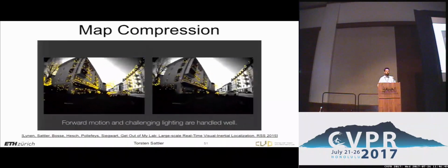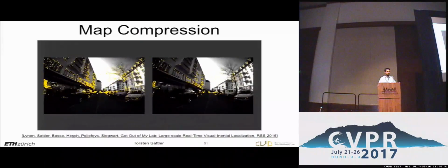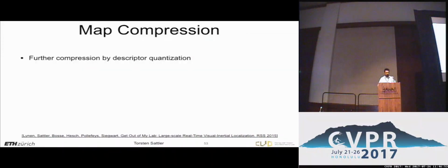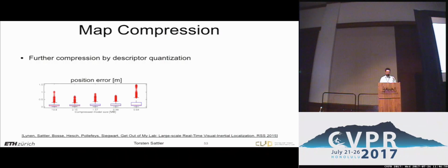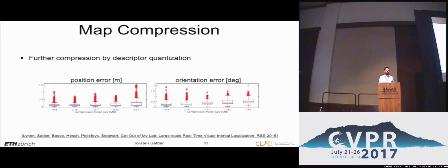So this gets you down from 130 megabytes to 20 megabytes. You can further compress a map by compressing descriptors, and you can do this rather aggressively and still get a reasonable pose accuracy at about a few megabytes for reasonably sized maps.